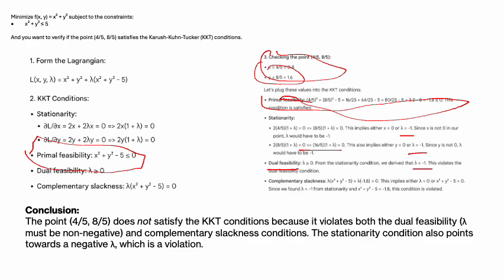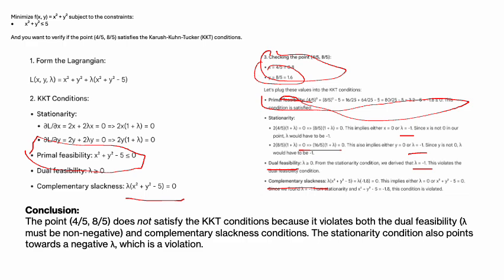The last condition is complementary slackness, which says that lambda times (x squared plus y squared minus 5) should be equal to 0, right? Over here, substituting the value, lambda times minus 1.8 is equal to 0.